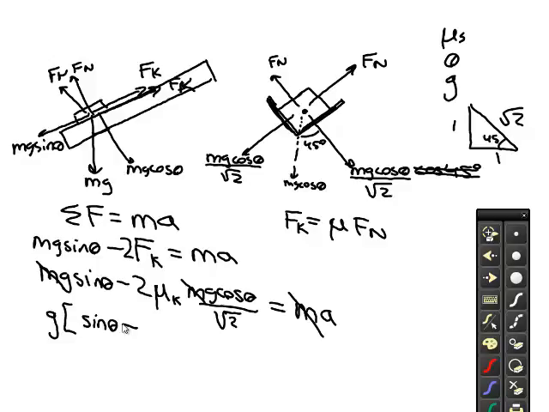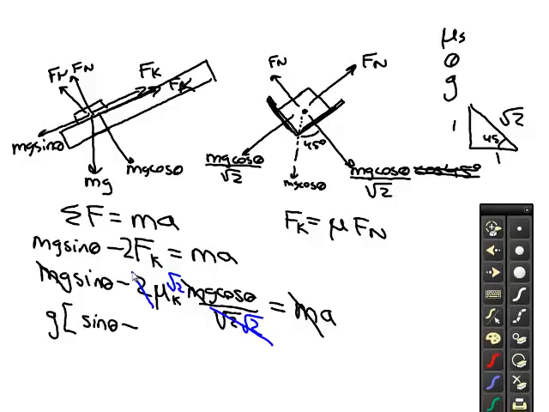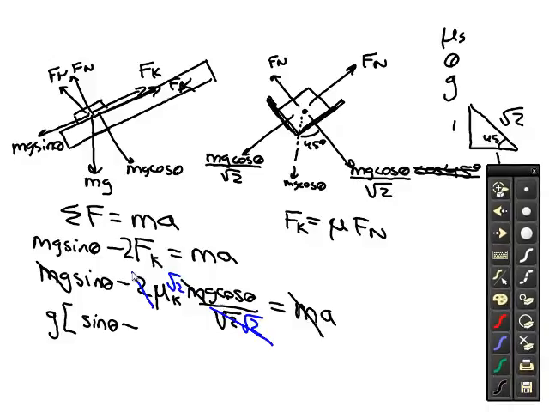I wouldn't bother with it too much, but if you were like Mrs. Triesenberg, you'd say, oh, I got to get rid of this square root of 2 business. So I'll multiply the top and bottom by the square root of 2. And square root of 2 times the square root of 2 on the bottom is 2. So this will cancel out. So they just tidied it up a little bit, and it's a little irritating, but they made the answer very pretty that way.